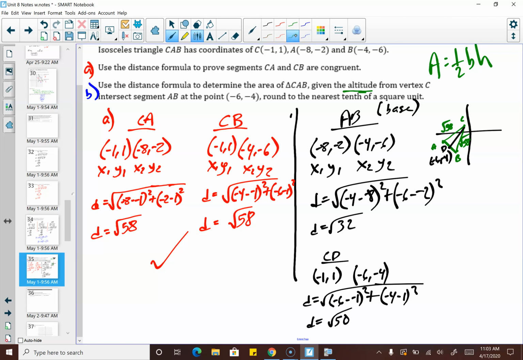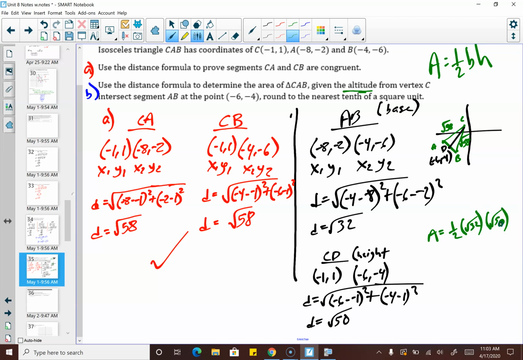So now that's our base, right? So this AB was our base. This was our height. So now if we're going to find our area, it's 1/2 square root 32 times square root 50.